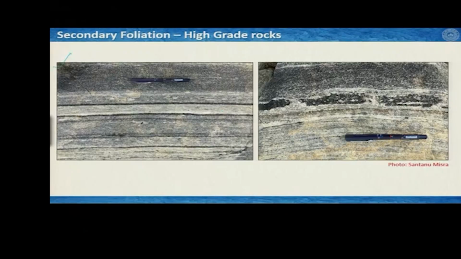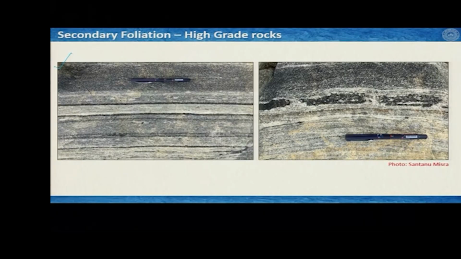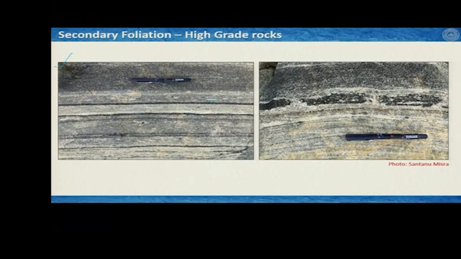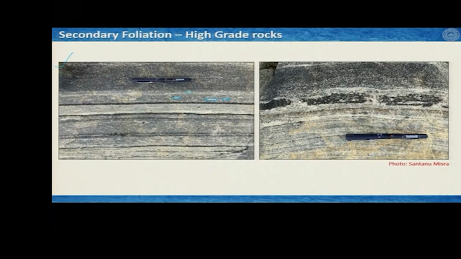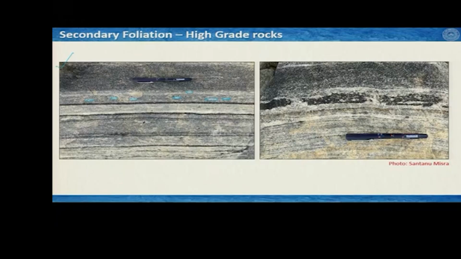So, why is this not the primary foliation? Now, to answer your question, you have to be very careful. In secondary foliations, particularly in high grade rocks, you must see features like flattened clasts, something like that. Here these are generally parallel to the fabric you look at here, and these colors are generally dark and white or black and white.